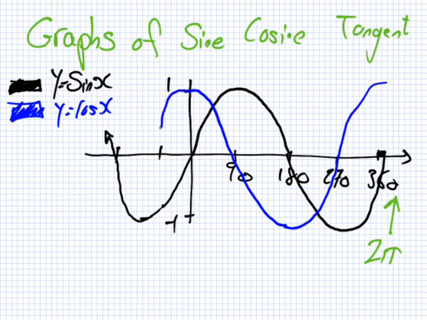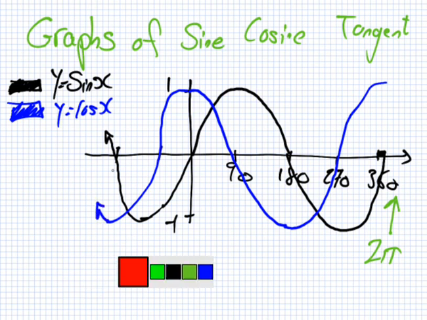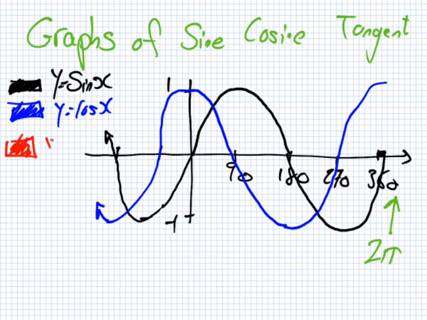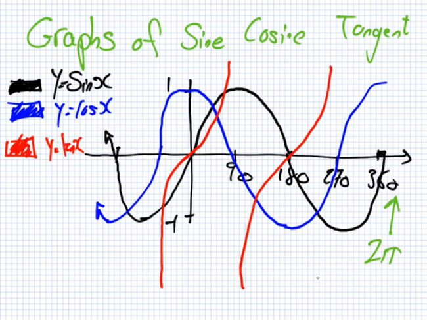So, for example, here is 1, here is -1, here is 360, and here is 180, and here is 90, and here is 270. So, in black, this is y equals sine x. Does anyone know its graph? So sine x looks like this.